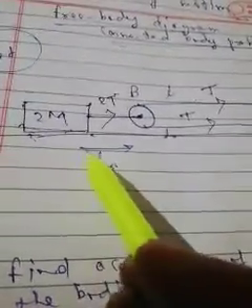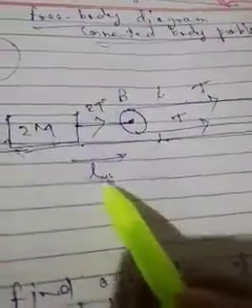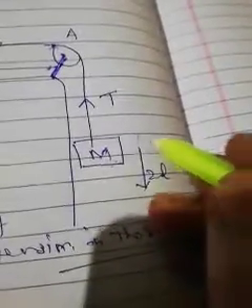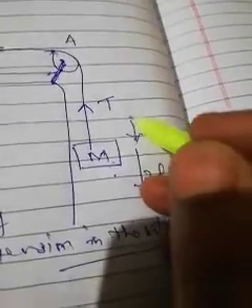So if this body is moving through L, then the smaller body is moving through 2L, and this condition will be true for acceleration also, because the rate of change of displacement is velocity and the rate of change of velocity is acceleration. So if there is acceleration A, then in this body there will be acceleration 2A.